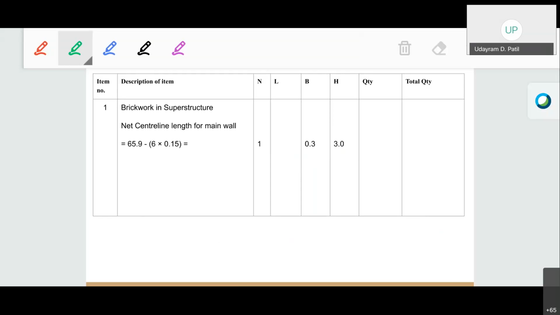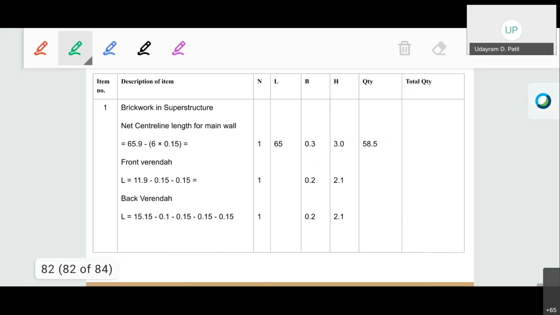So there is no accuracy difference between the two methods. So the length is 50. The quantity is 58.5 for the main wall, 58.5 cubic meter.